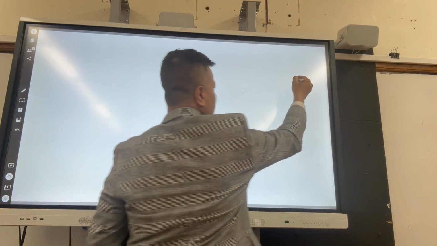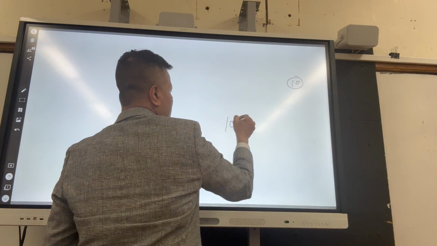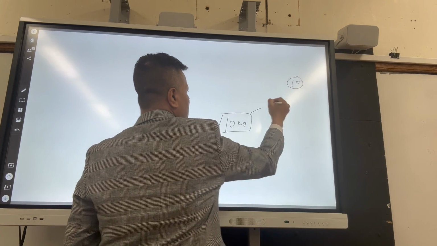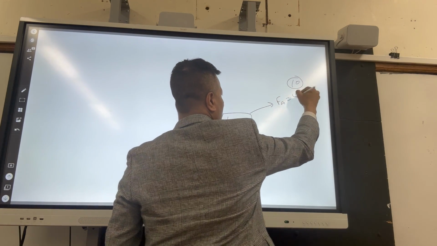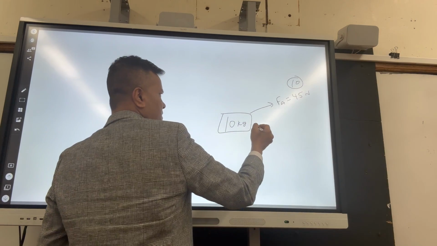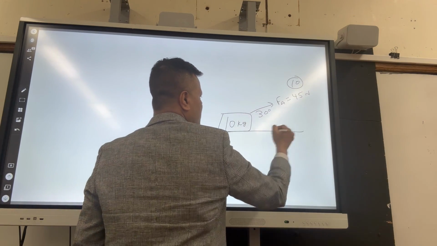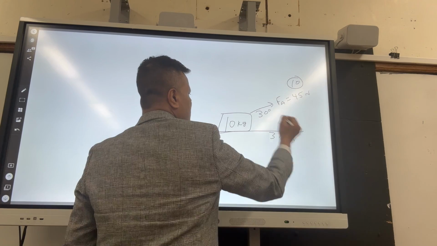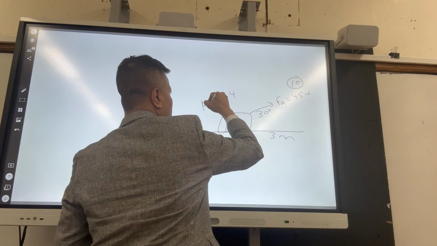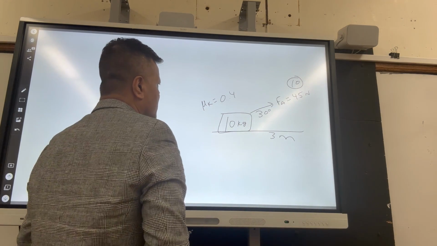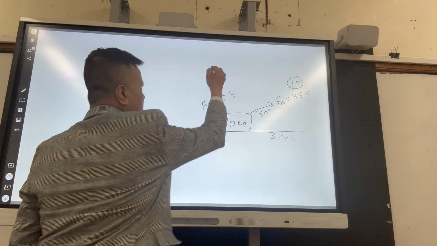So let's do problem number 10. You did it before. 10 kilogram, you pull it with some force, let's say 45 Newton at 30 degree, move 3 meter, and 0.4, which is kinetic friction. You want to find the work done by net force.